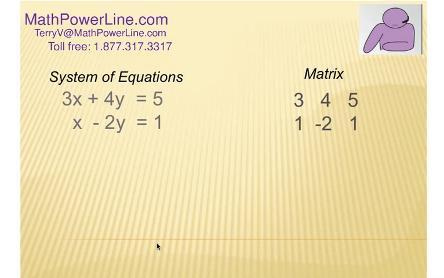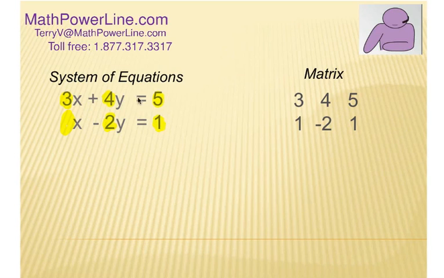Well, the idea of a matrix comes from systems of equations. Now in algebra class, sometimes you're solving more than one equation at a time, and the important part of the solving of these systems is the coefficients here. The x's and the y's actually are not all that important. What we focus on is the number part for each of those x and y terms, even the constant at the end.